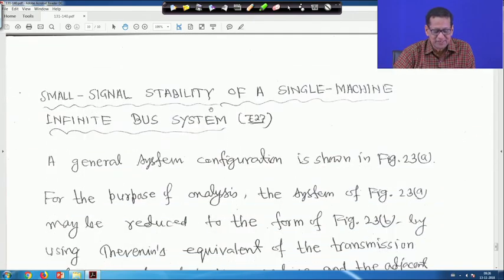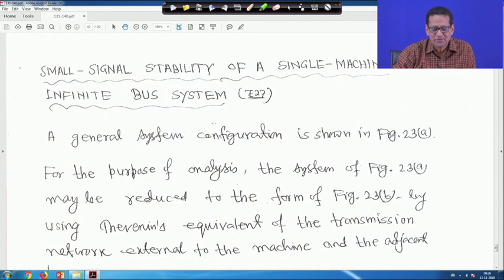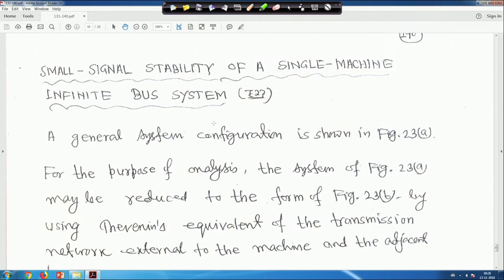Next, slowly we will enter into dynamic stability, that is, small signal stability of a single machine infinite bus system. For this course we will study small signal stability of a single machine infinite bus system. As far as the classroom is concerned, multi-machine stability study is too difficult because the dynamic equations and all the state variable equations become very complicated.